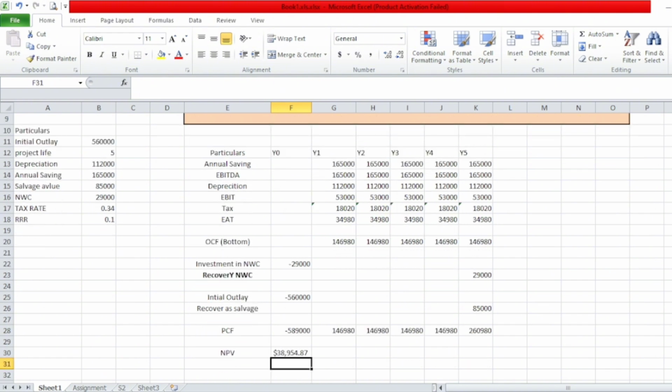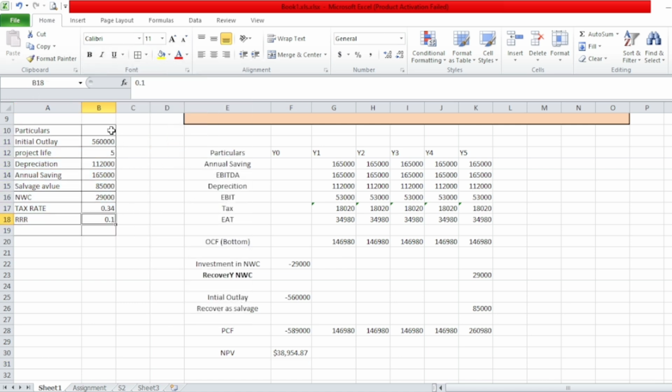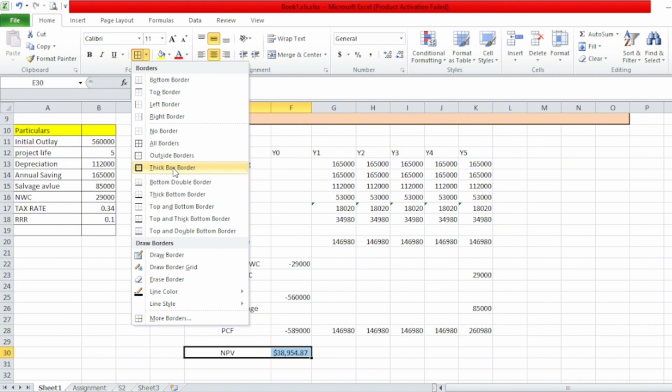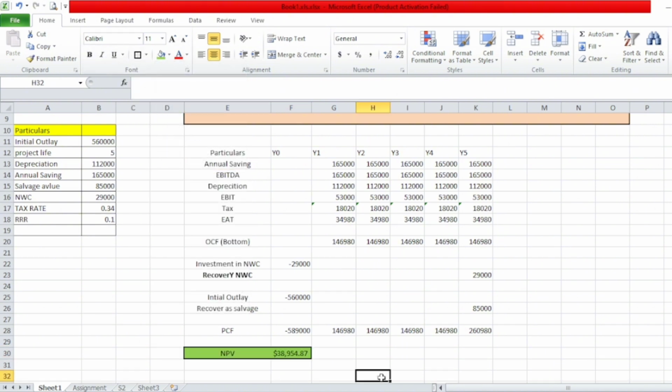I know our Excel doesn't look that attractive, so let's make it attractive. Using all borders, putting an orange color, so it's a yellow color, since this is our main part, and using a light green color.